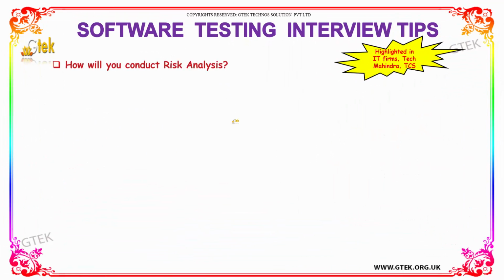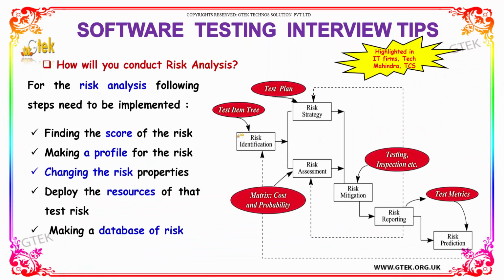Moving on to our next question. How will you conduct risk analysis? For risk analysis, the following are the steps that need to be implemented. You have to find the score of the risk. Followed by that, you have to make a profile for the risk.